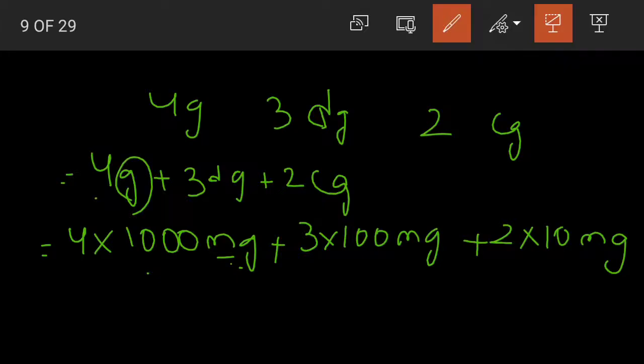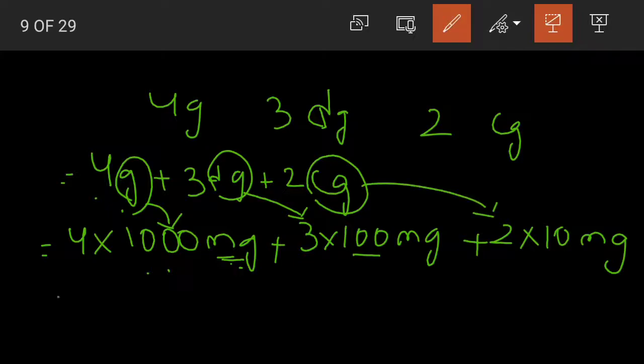Depending on the number of jumps, we have identified that to convert grams into milligrams, we have to multiply by 1000. To convert decigrams into milligrams, we multiply by 100, and to convert centigrams into milligrams, we multiply by 10.